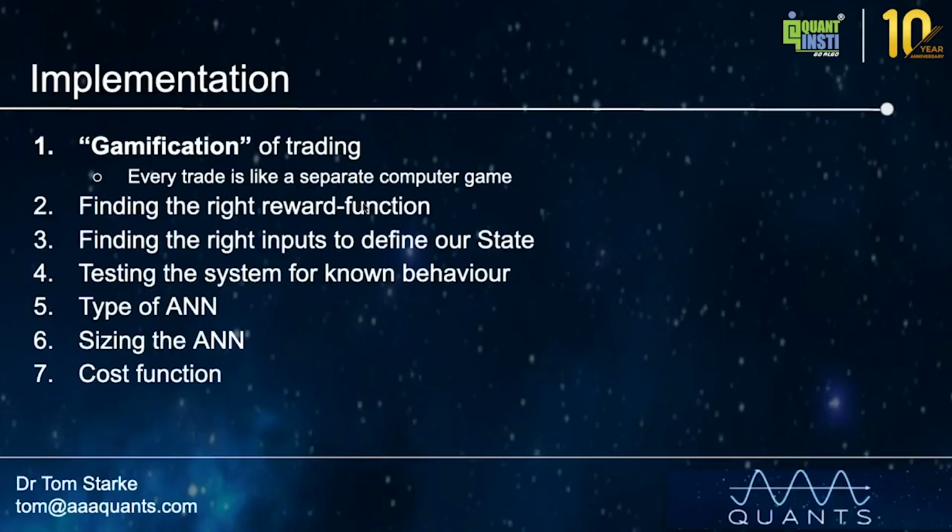Okay, so when we implement this, we really need to find the right reward function. Then we also need to find the right inputs to define our state. Of course, we could use a wide variety of inputs. A very typical example in trading is technical indicators, but we could also use all sorts of alternative data, sentiment data, results from satellite images, and on and on. Of course, some of them will be valuable and others will not.